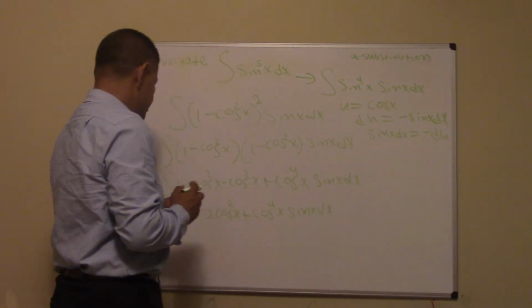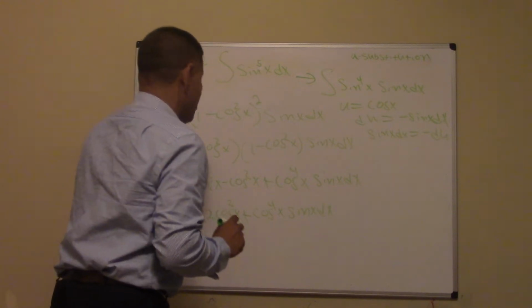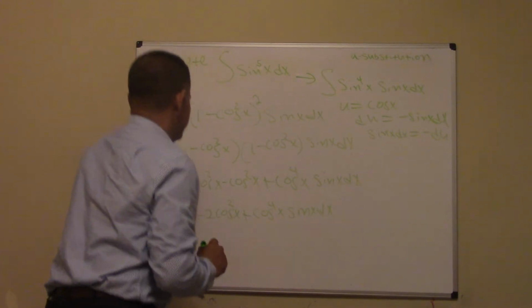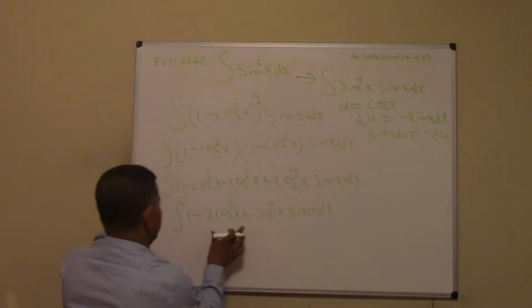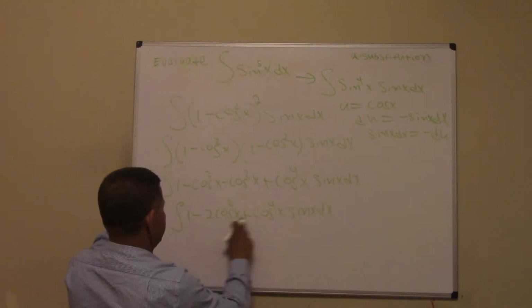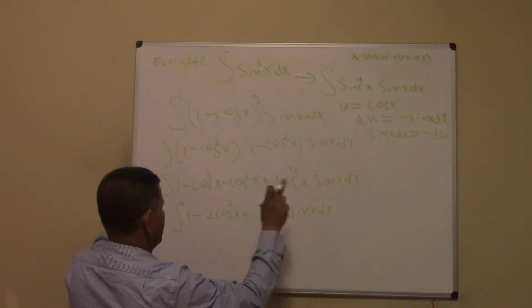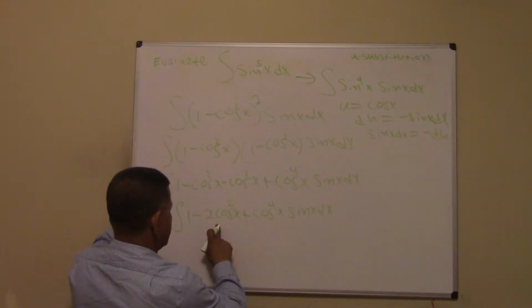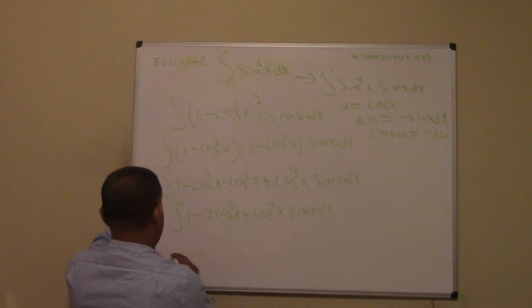Okay, now I can actually do this. Now I can substitute whatever has a cosine with a u, right?